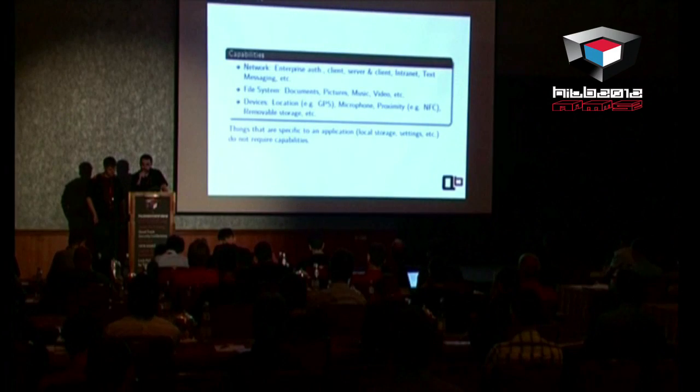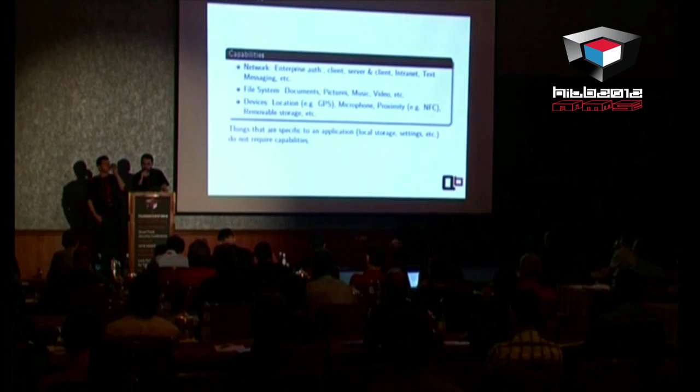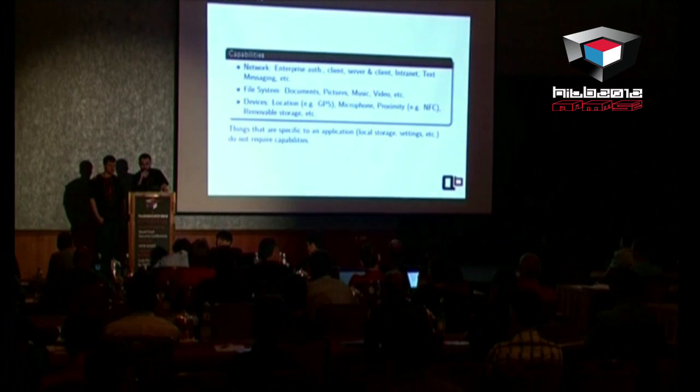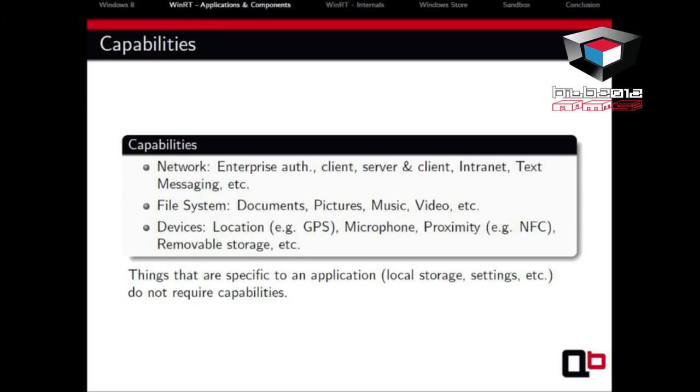For example, if the developer wants to access the internet, he can tell during development that his application needs to access the internet, so he needs to put the capability as a client of the internet. Without these capabilities, you can't access any of these things.